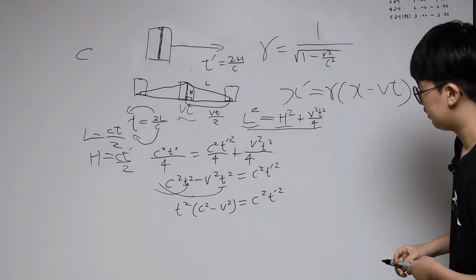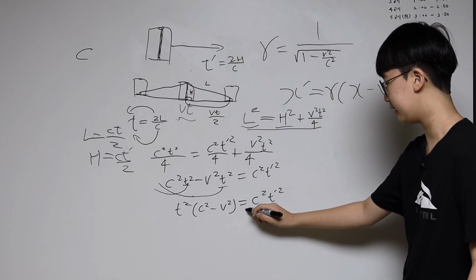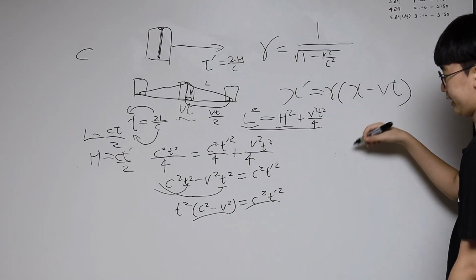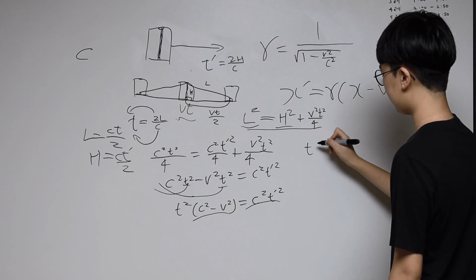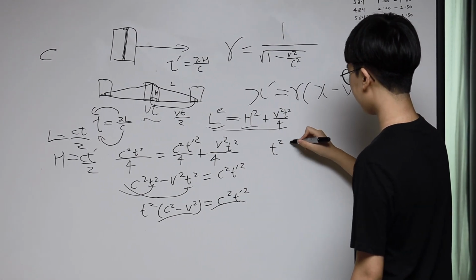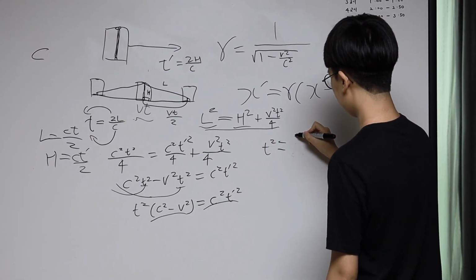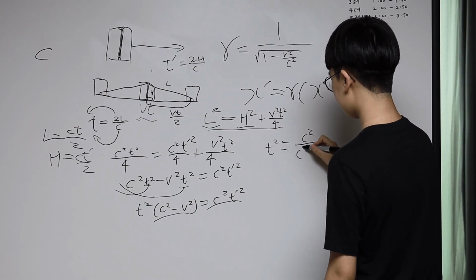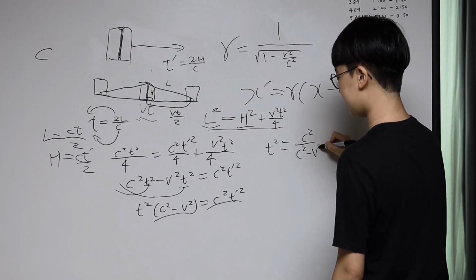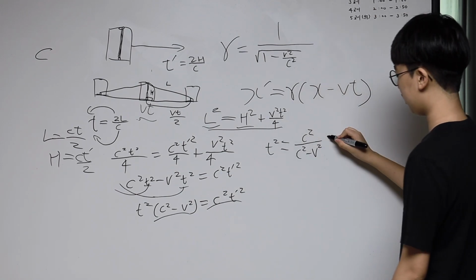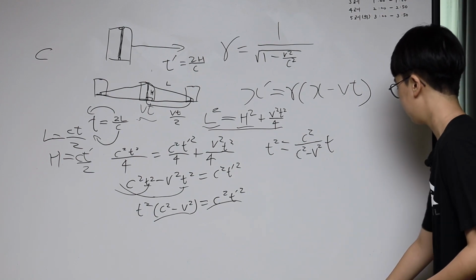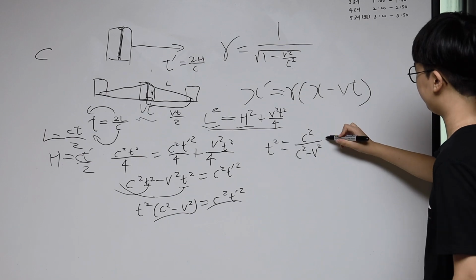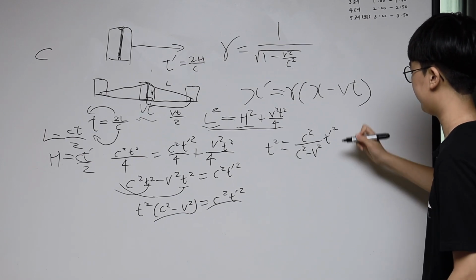And we divide this thing by this thing. So we would get t squared equals c squared over c squared minus v squared, this whole thing, multiplied by t prime squared.